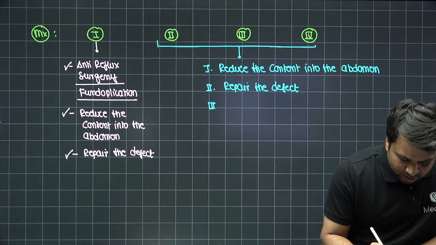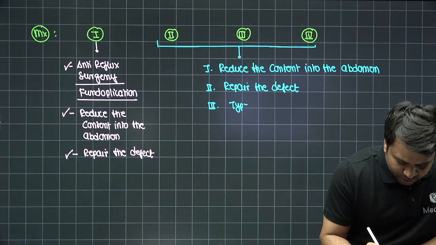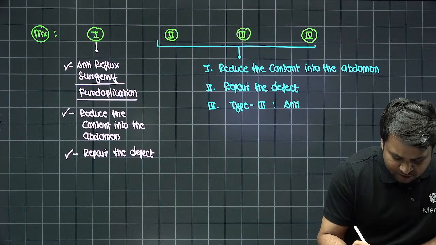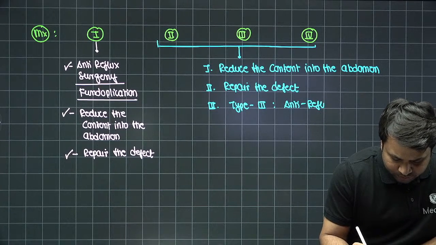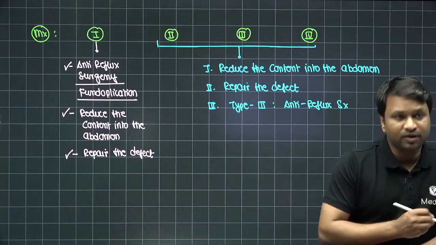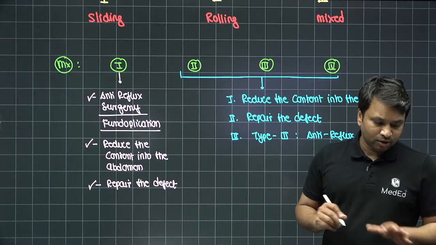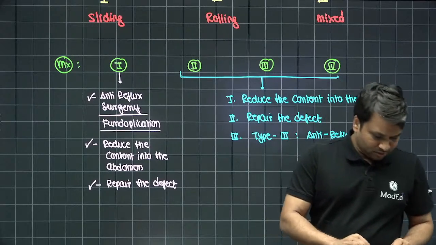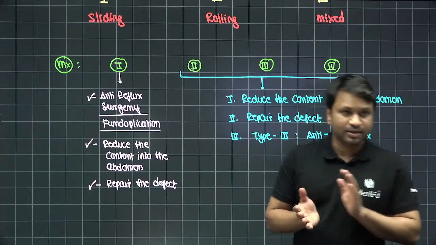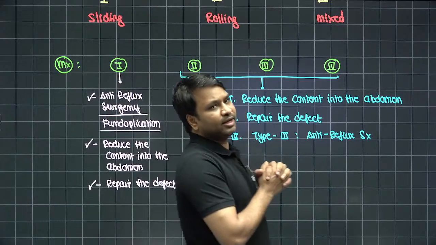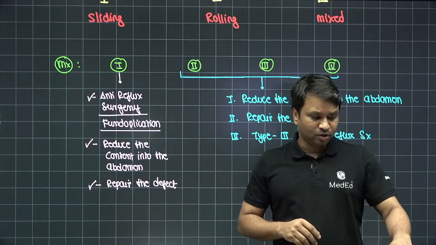And third, in type 3 variety, perform anti-reflux surgery also, right? So this is how you're going to manage your hiatus hernia or the paraesophageal hernia, right? So all these are what you need to take care of in the context of paraesophageal hernias.